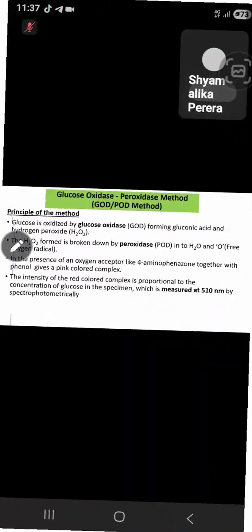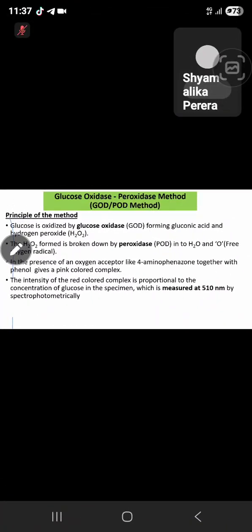I will discuss that later. Once these free radicals are formed, in the presence of an oxygen acceptor like 4-aminophenazone, you will get a pink color complex in the presence of phenol. That pink color complex, you can measure the color intensity spectrophotometrically at 510 nanometers.